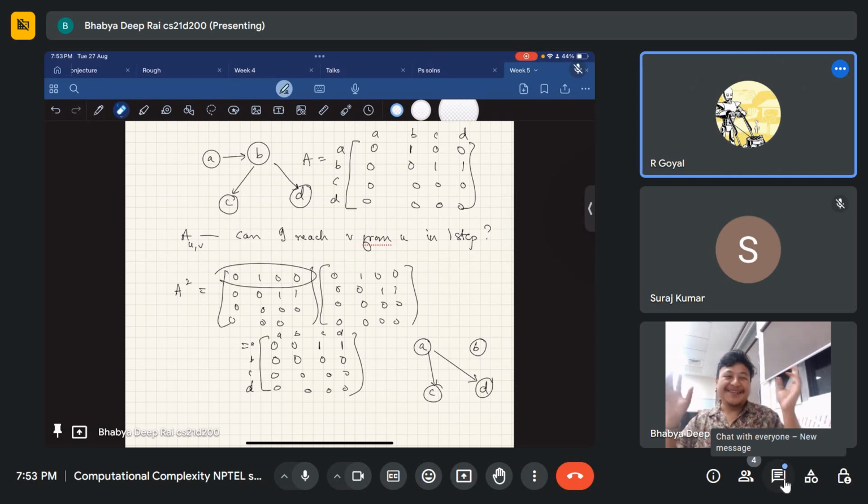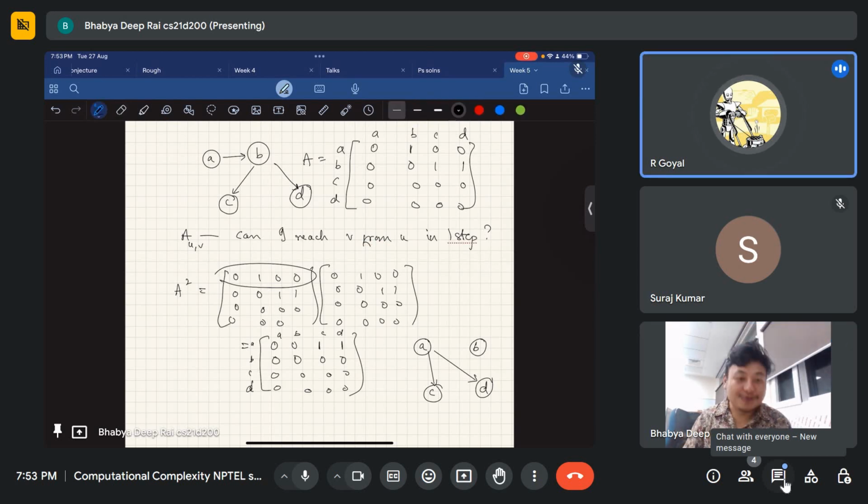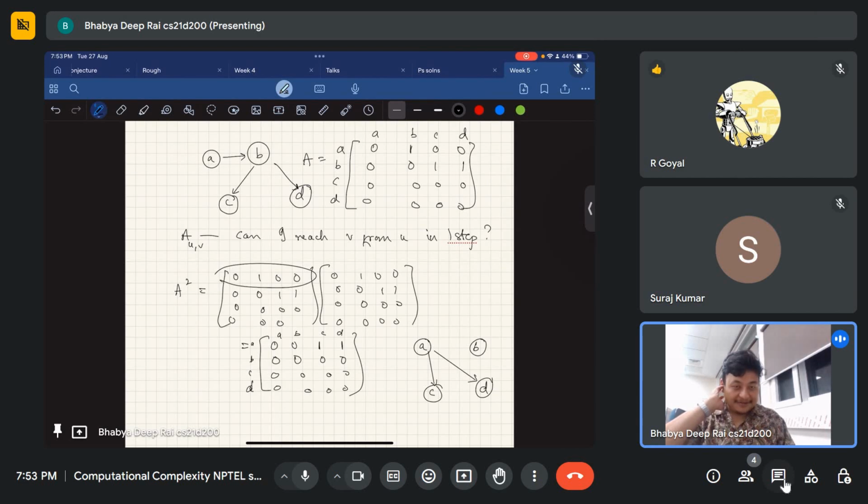Yeah, but that is a very strange way to state it. Another way would be, can I reach D from A in 2 steps? In 2 steps, right? Good. So, I can continue this.